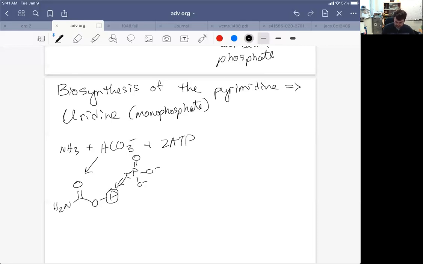So that carbamyl phosphate is again an acyl phosphate, so it's highly electrophilic at the carbonyl position. And so what we're going to do is couple that with an amino acid, in this case, the amino acid aspartic acid, or aspartate.